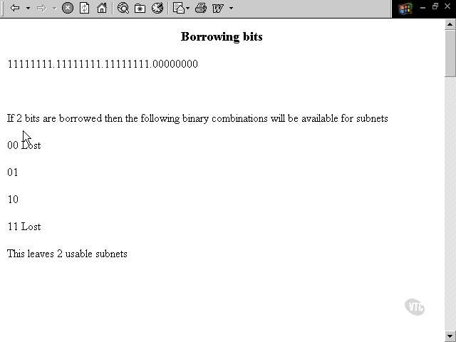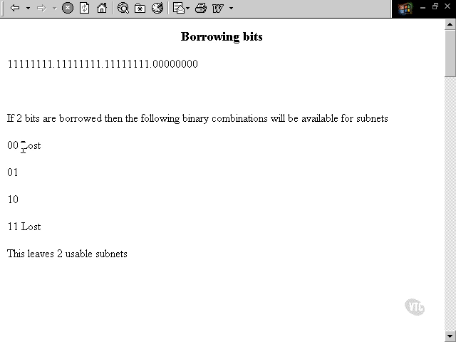So let's take a look at what we can do if we borrow several of these bits. Let's start and say if we borrow 2 bits from our address for a subnet, how many different subnets do we get? First we look at all possible combinations: 0 0, 0 1, 1 0, 1 1. You'll notice that I have the word lost written by the items with all zeros and all ones.